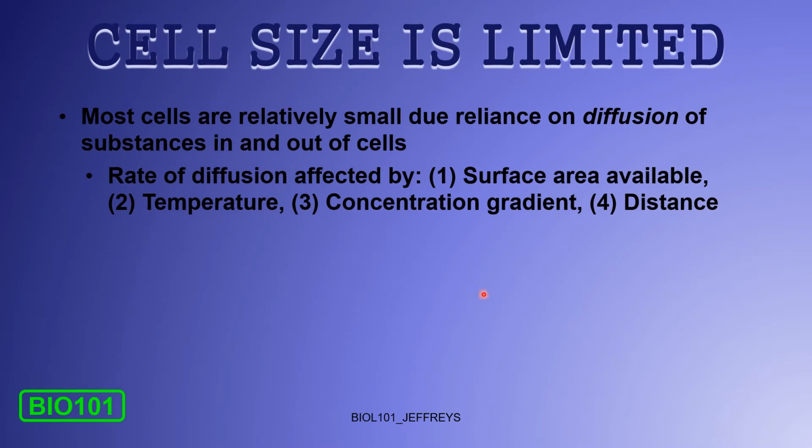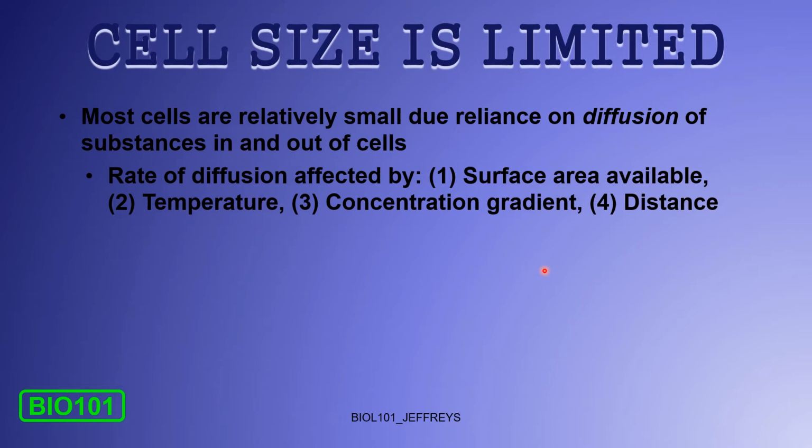Okay, cell size is limited. Most cells are relatively small due to reliance on diffusion of substances in and out of the cells. We'll talk about some mechanisms of getting different substances into and out of the cell with active transport and transmembrane proteins and that sort of thing. But for the most part, cells rely on simple diffusion to get things in and out.